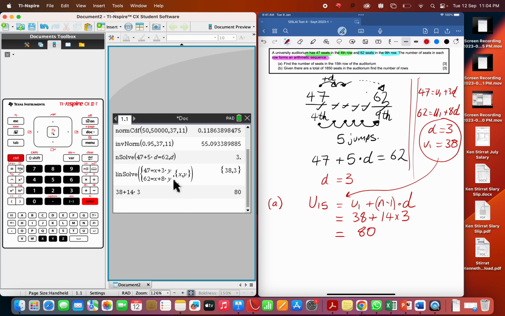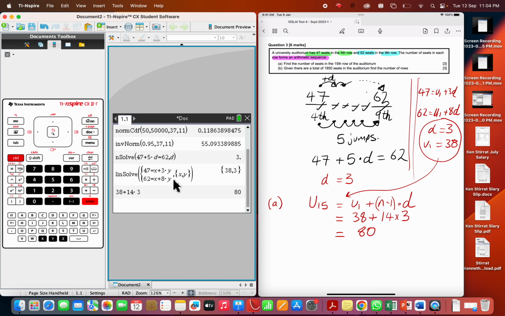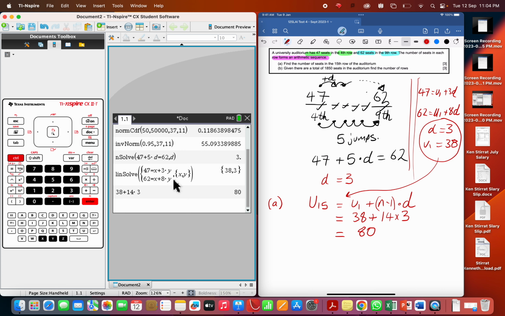But even if we didn't have that cheeky little formula, which is always nice, we could still go back and use this idea, using either this one or this one. I'm going to use the 62, which is the 9th row.